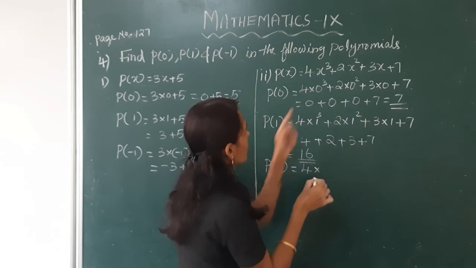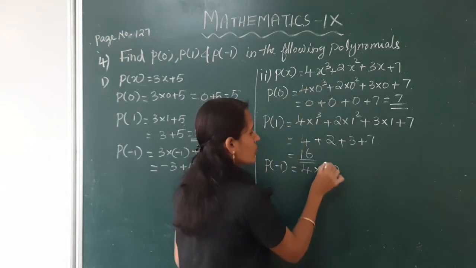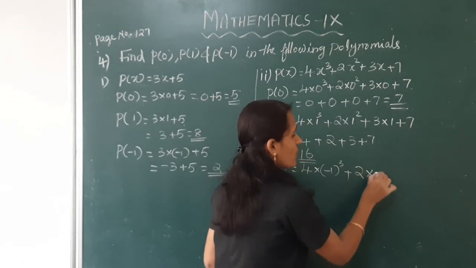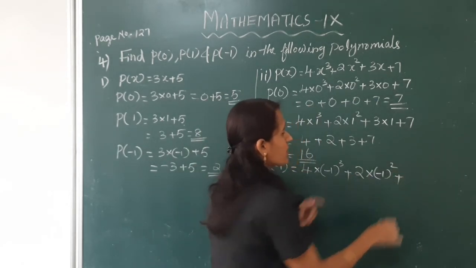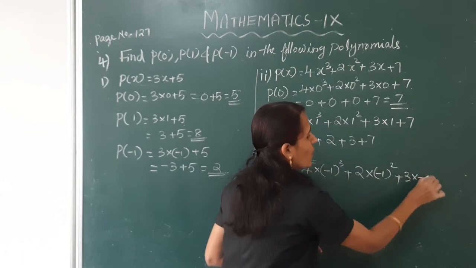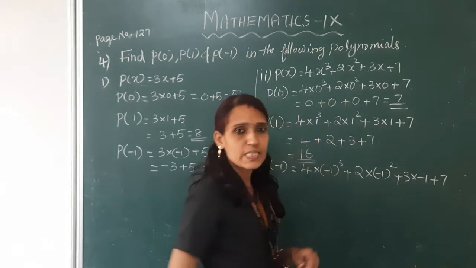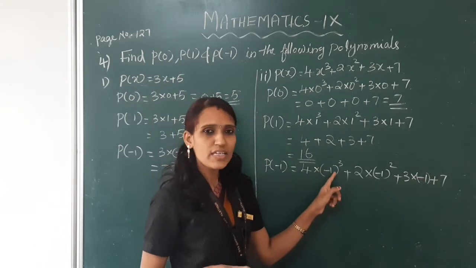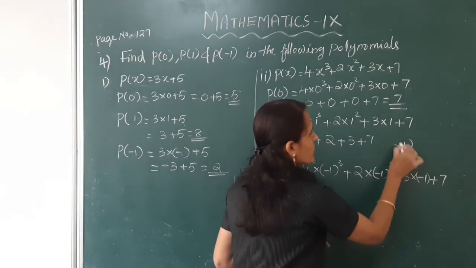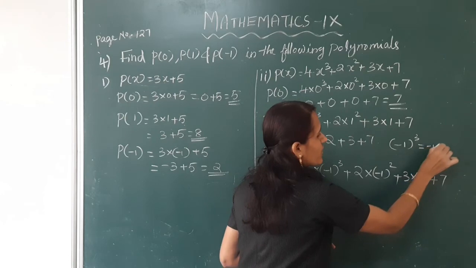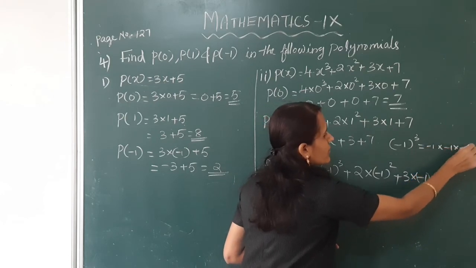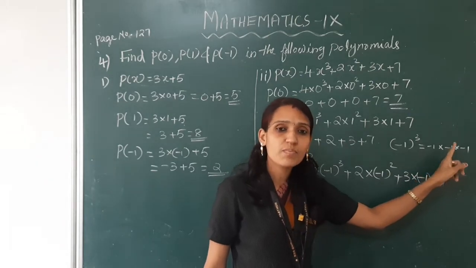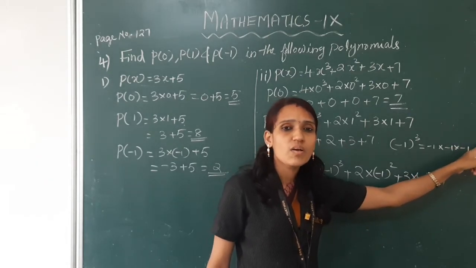4 into minus 1 whole cube plus 2 into minus 1 whole square plus 3 into minus 1 plus 7. Okay. Minus 1 whole cube is equal to minus 1 into minus 1 into minus 1. Minus 1 into minus 1 is plus 1, plus 1 into minus 1 is minus 1.